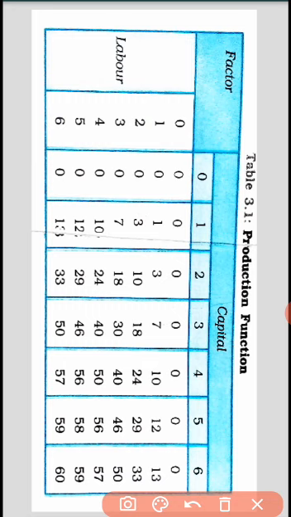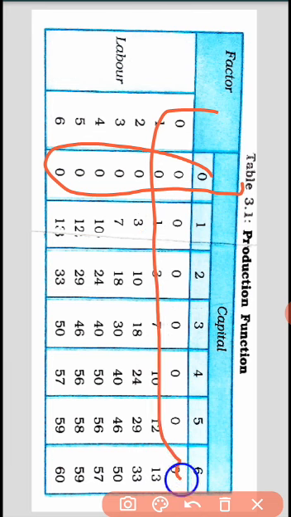So in our example, both inputs, labor and capital, are necessary for production. Without them we are not able to produce. See, if you are using 0 labor and 0 capital, what will be your production? That is represented here. If any of the inputs becomes 0, there will be no production.